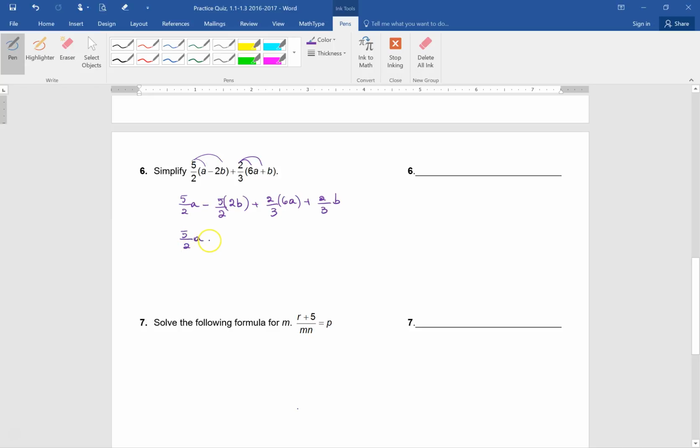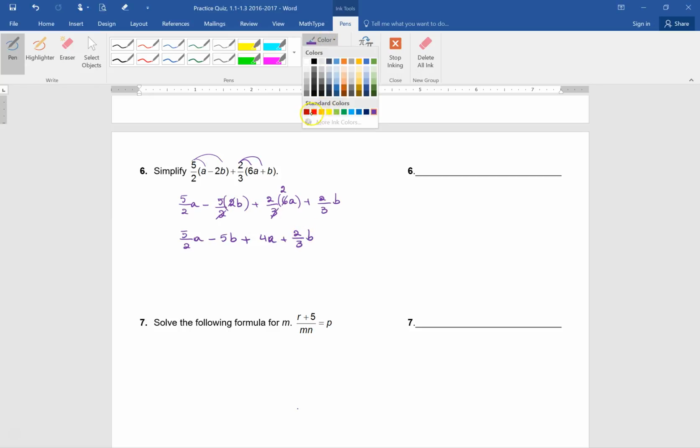Can't do much about that. Minus, these 2's cancel, so I got 5B, plus the 3 and the 6 gives me a 2, so how many A there? 4A, plus 2 over 3B.